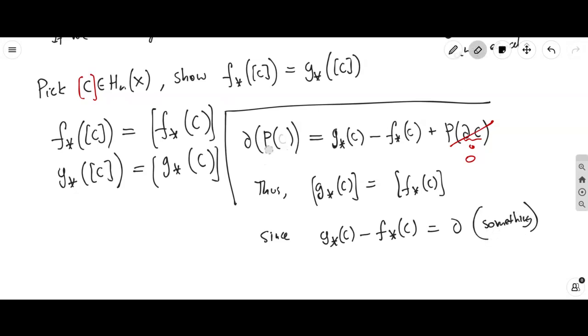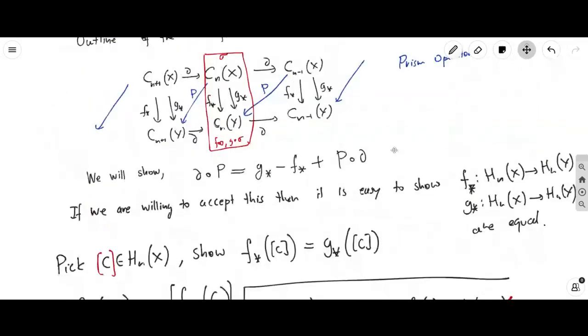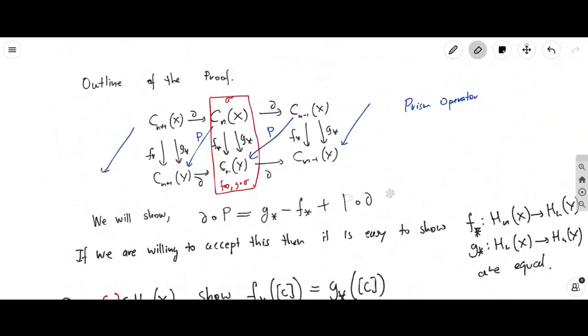And that's exactly what we have. This is a chain of one higher. The prism operator increases the dimension by 1. So this is the boundary of something. And that's what we've proven, that the difference between those two is the boundary of something else. And this is really the idea of the proof. But now we have to do the difficult part, and that is to construct this prism operator. So that's what we have to do next.